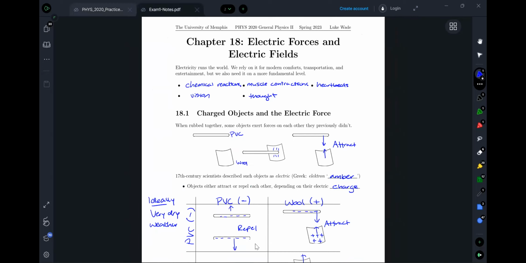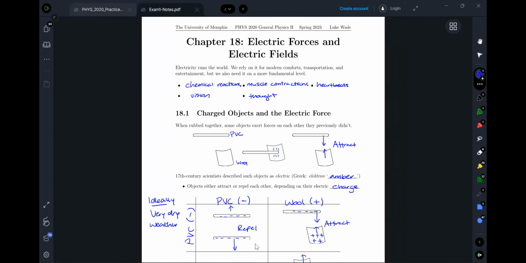And as soon as you take that rod away, that separation of charge will go away. It'll become neutral again here, unless you give a way for some of that charge to seep off the conductor. That could be touching it with a wire directly to ground, or like you've seen me do in class, I'll touch it with my hand, some of that charge moves onto me, and you can leave a net positive or negative charge on that conductor by doing that.